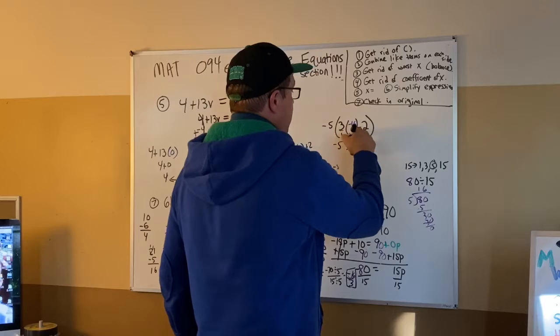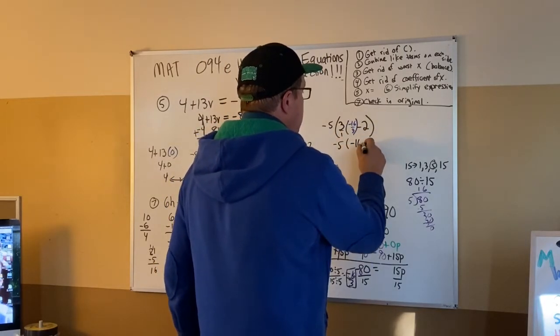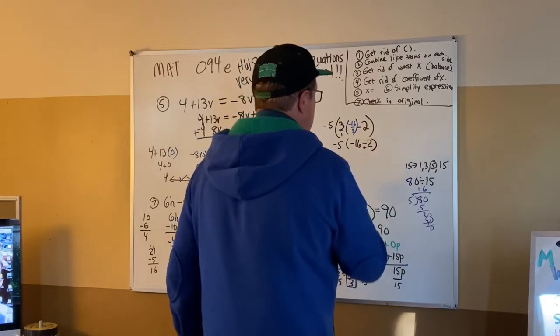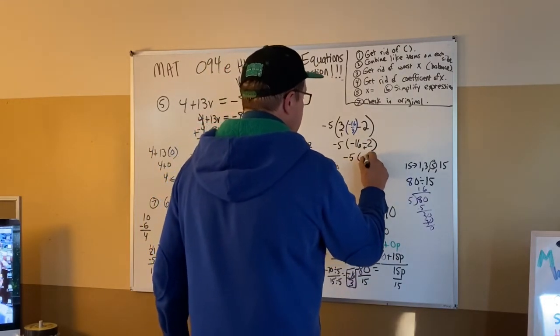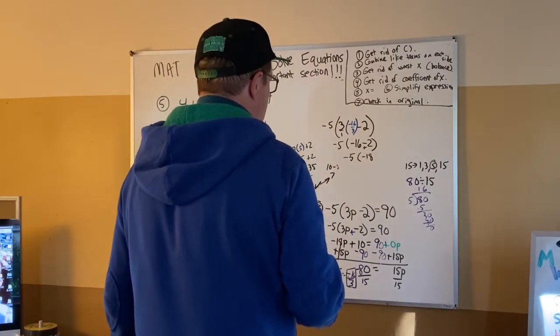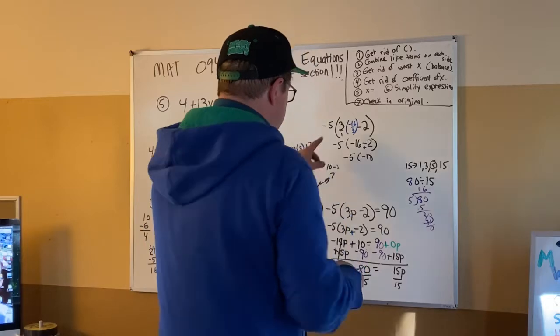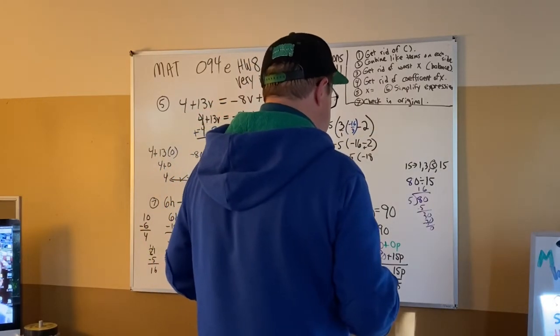I'll get negative 48 over 3, or negative 16 minus 2. So those parentheses still need to be dealt with, so I've got negative 5 times negative 18. Let's see. Negative 5 times 3 times my p of negative 16 over 3, right?